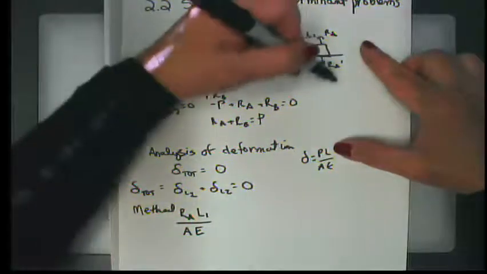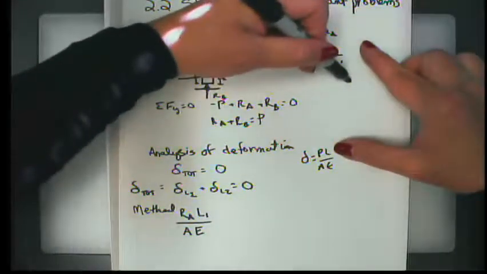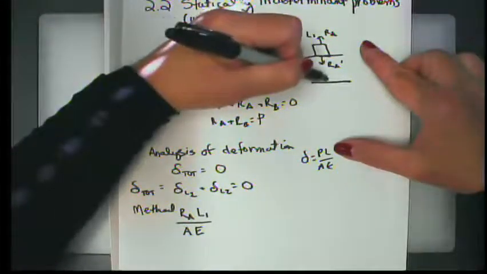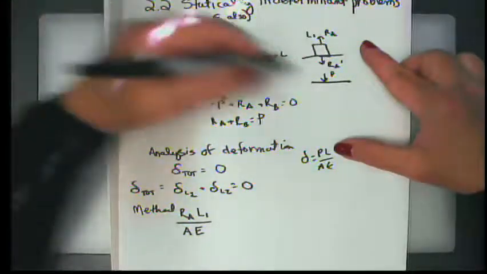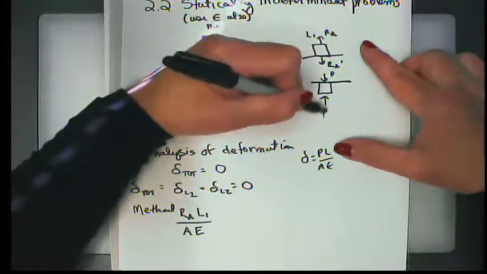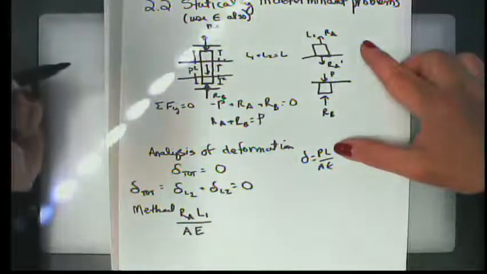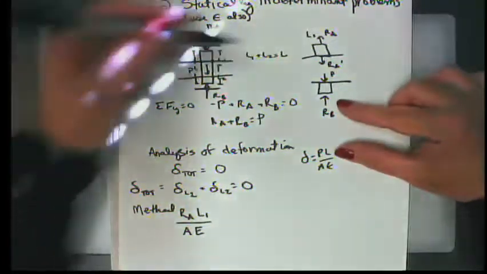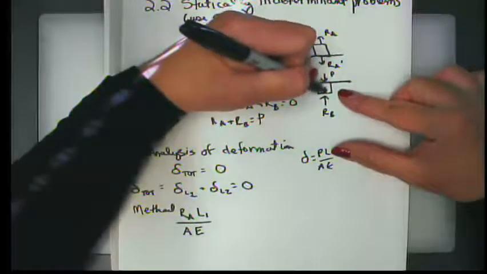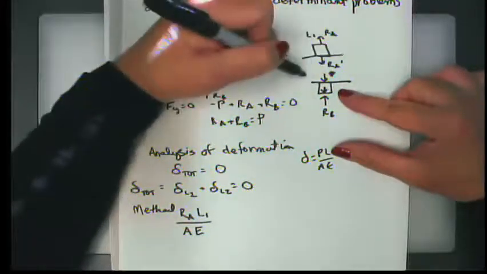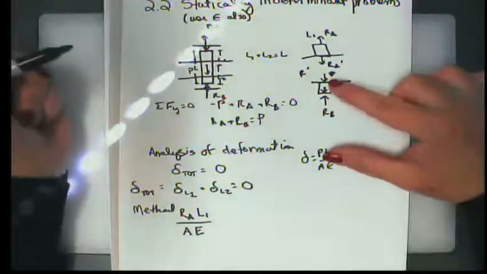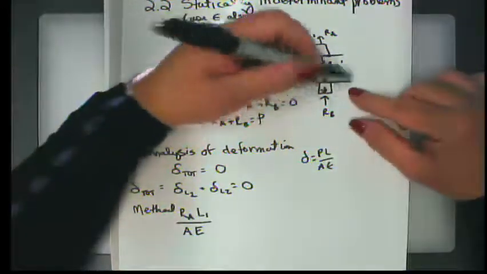And then if I cut down here in L2, I have P pulling down on it and R sub B pushing up on it the way I drew. I'm sorry, I should put this down here. This is my P. And then I'm going to call this my reaction prime in that part of the structural member.